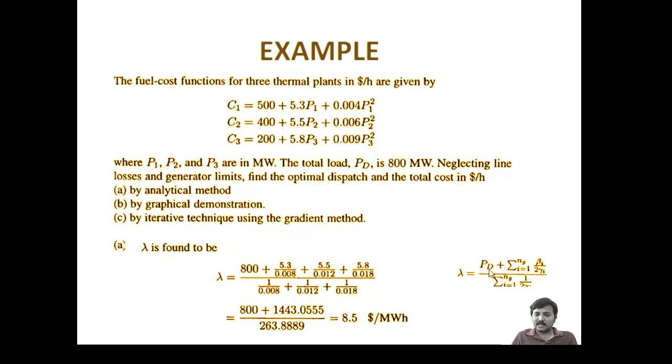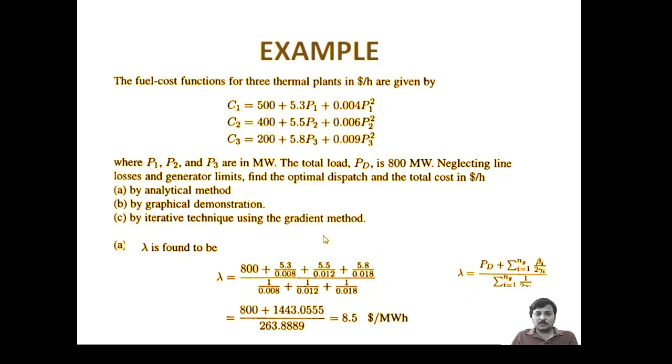The formula for lambda is equal to PD plus the sum over i from 1 to n of beta i by 2 gamma i, divided by the sum over i from 1 to n of 1 by 2 gamma i. Substituting, PD, the total demand, is 800. For the first generator, beta is 5.3, divided by 2 into gamma 0.04, that is 0.08.